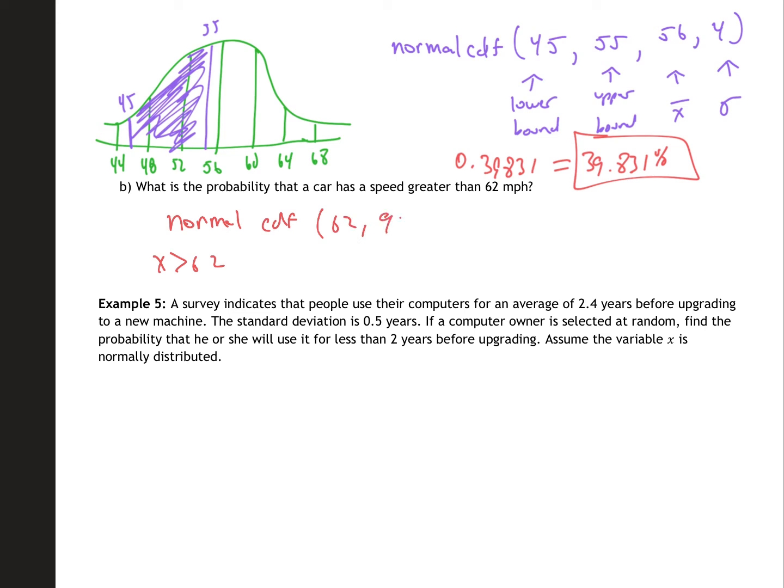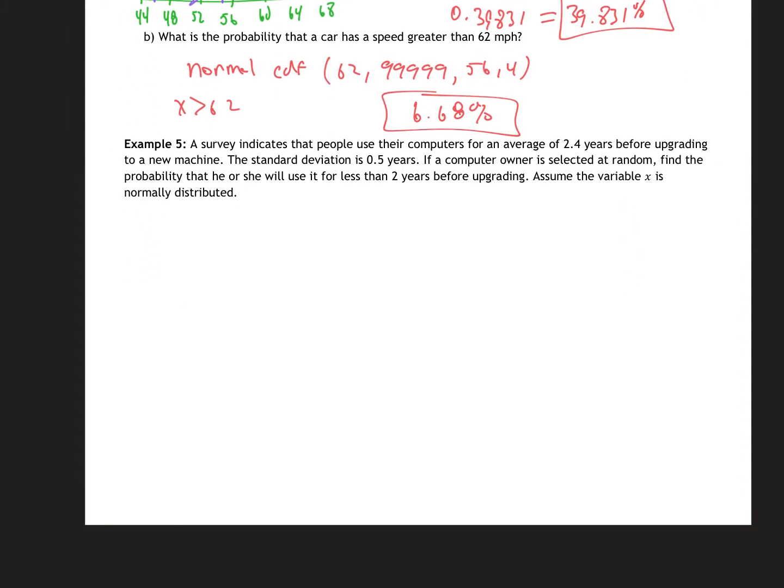It goes on forever, so that's why I'm gonna put the 9s. And then 56 and 4 for my mean and standard deviation. And you would get 6.68%. Cool. That's how you can use the calculator. If you got questions on that, please let me know. Make sure you write your normal CDF if you do that as well.